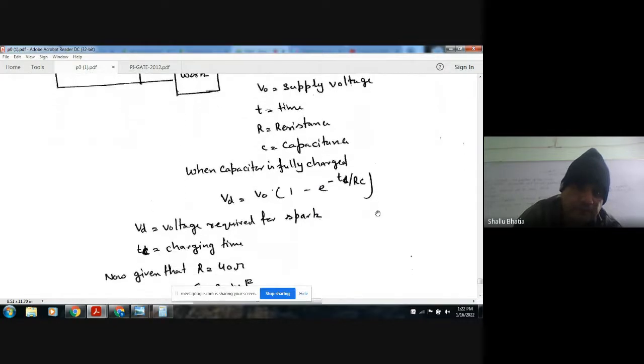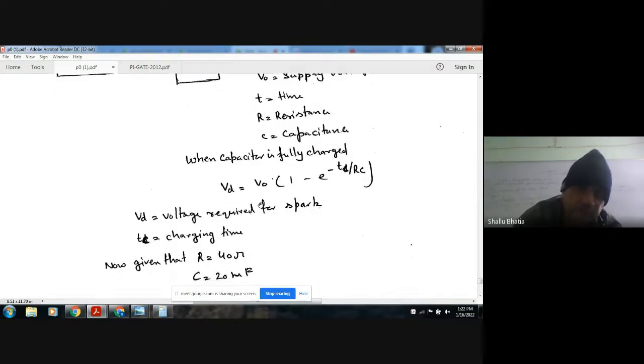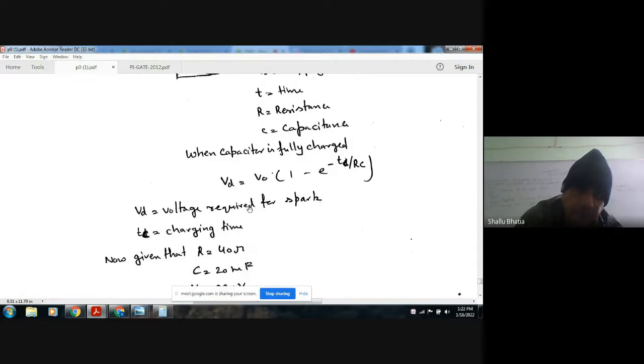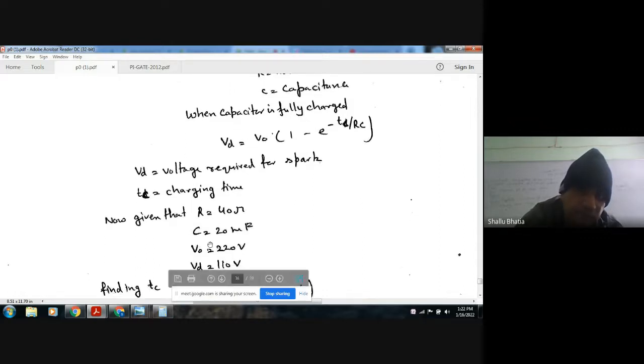When the capacitor is charged, V is the VD, the voltage required for the spark, and V naught is the supply voltage.